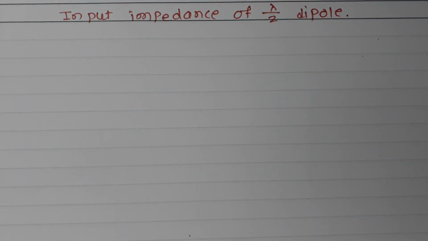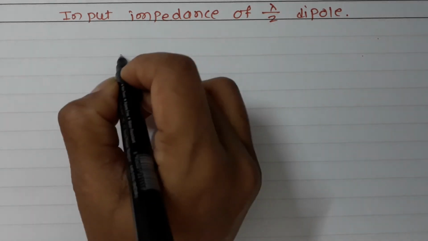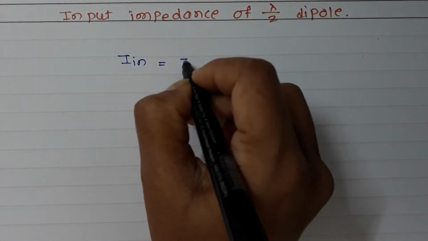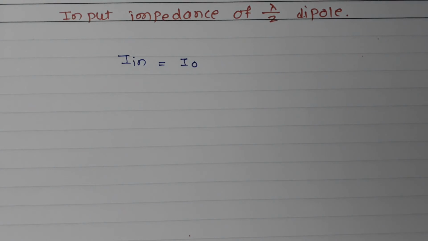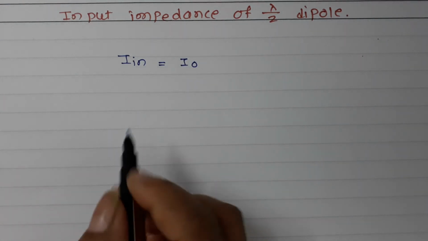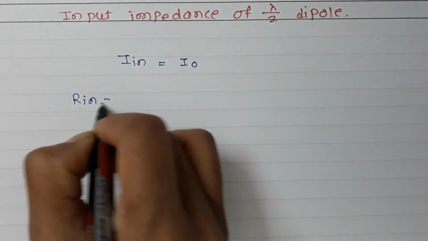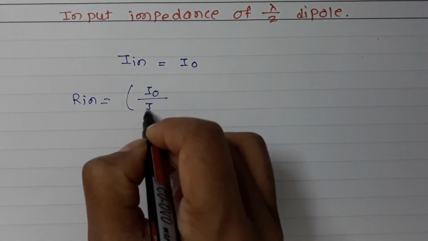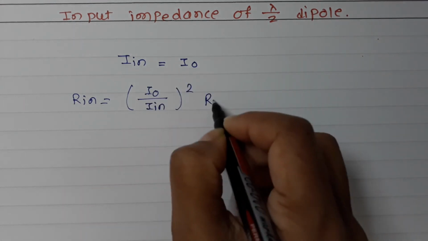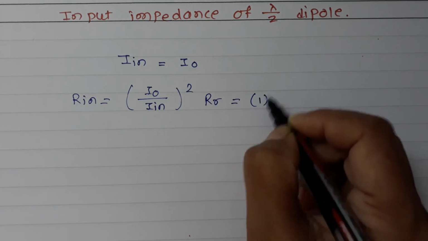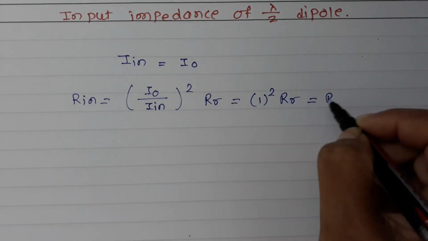Now we observe the current distribution on this antenna. We find the current is maximum at the feed point, so we know that I in is equal to I0. Now equating input power with the radiated power, that is, R in I in square is equal to I0 square RR, which is nothing but the RR.